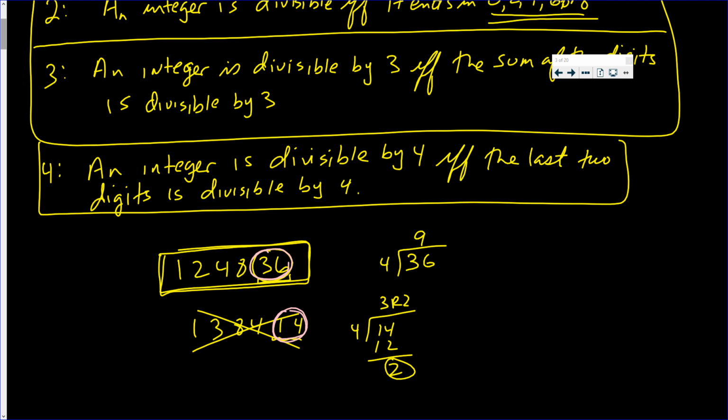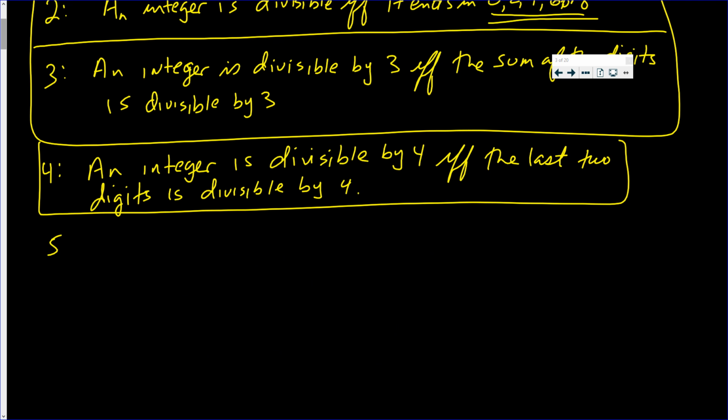If 4 goes into that number, then 4 goes into the bigger number. If 4 does not go into the last 2 digits, then 4 does not go into 138,414. Just check the last 2 digits.